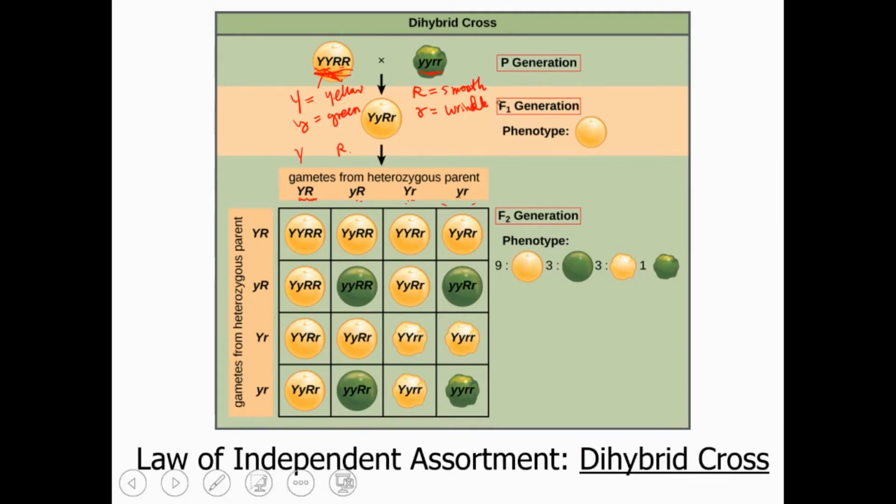So the parent trait is going to be yellow and smooth. Okay, so everything is homozygous dominant. And then the second trait is green and wrinkled. All right, so again, this is also homozygous, but it's very recessive. And then he crossed the 2, and this is the F1.